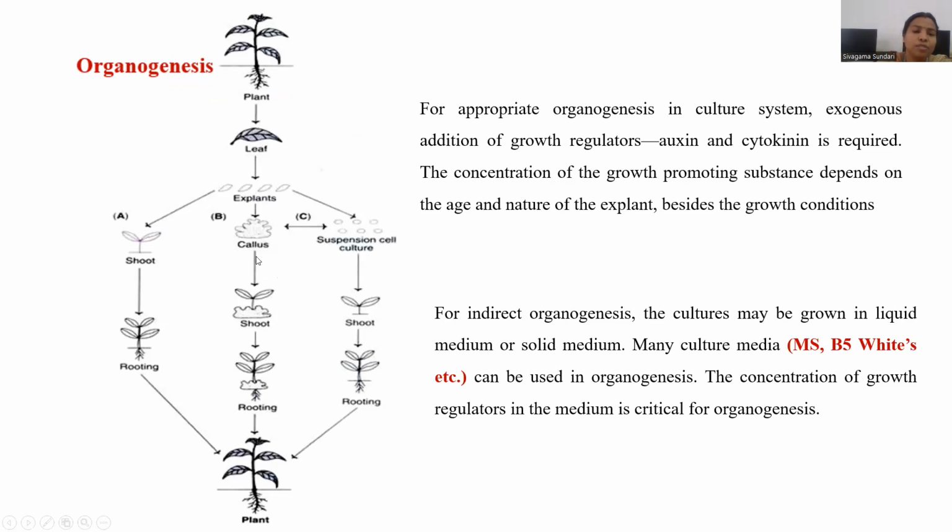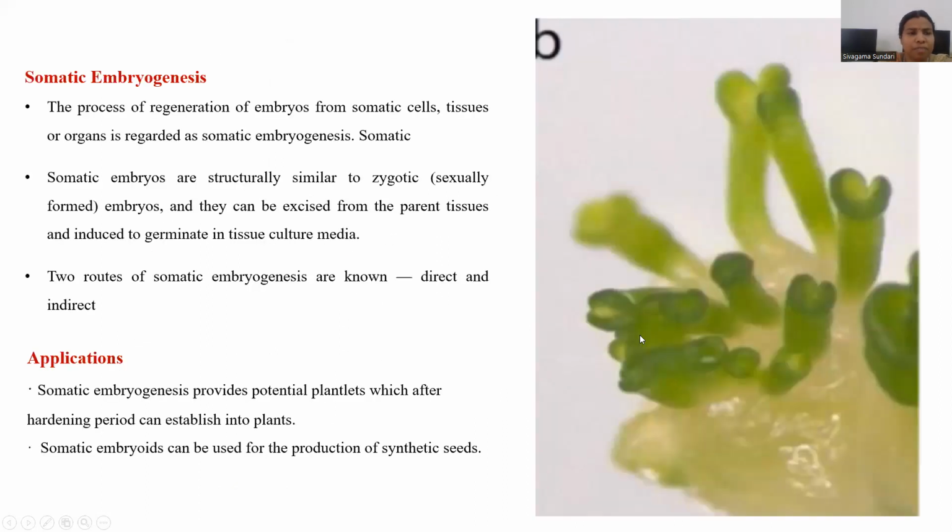Indirect organogenesis means the plant emerges from your explant through a callus clump. For this differentiation, growth regulators like auxin and cytokinin are needed in a proper proportion, and MS media or B5 White's media are preferable for organogenesis.